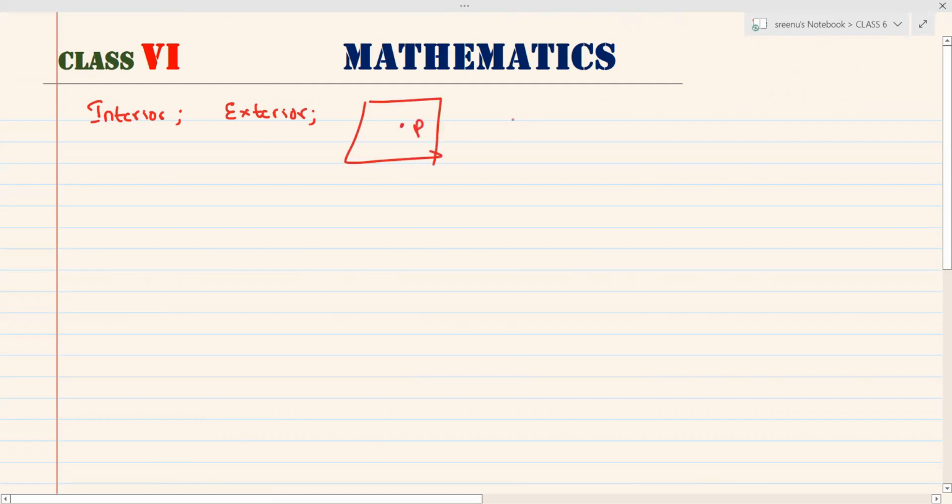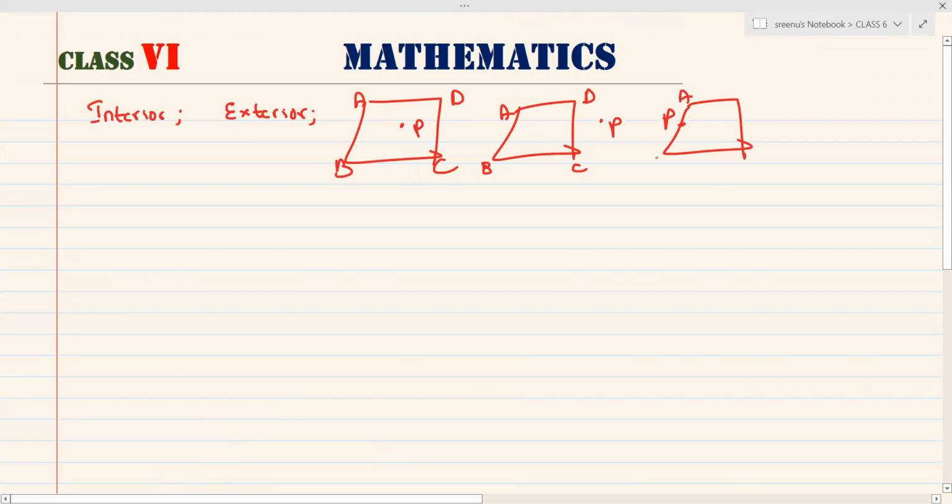See here, point P is interior, point P is exterior, point P lies on the quadrilateral ABCD. We have already learned this interior and exterior concept in triangles. The same we follow here.